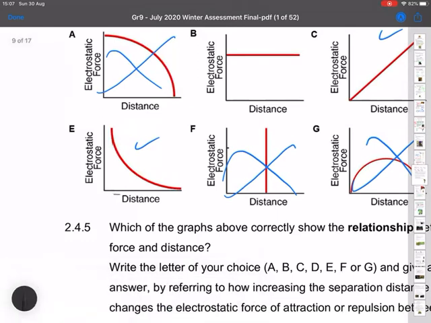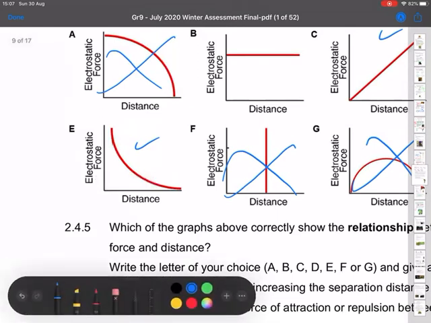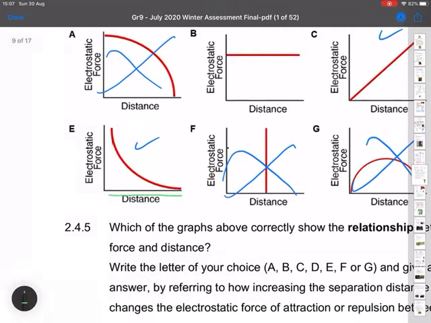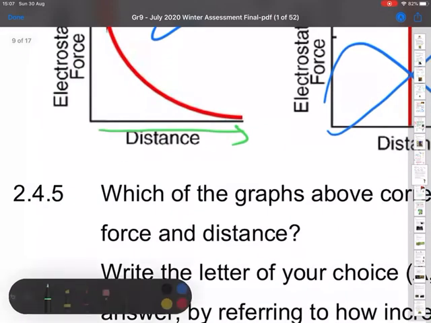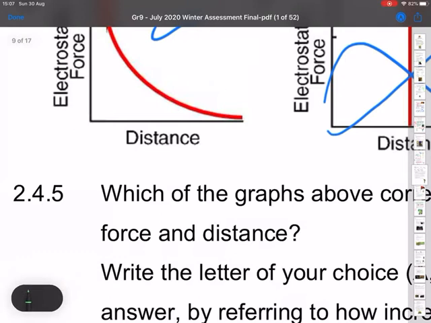So as your distance increases, so as you go to the right on this graph, you can even put in random values if it makes you happy. That can be a distance of 10. If we're going up in centimeters, remember the SI unit for distance is not the centimeter, it's the meter.